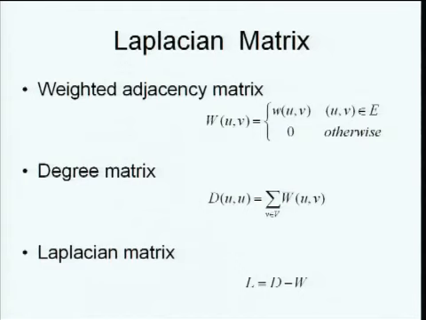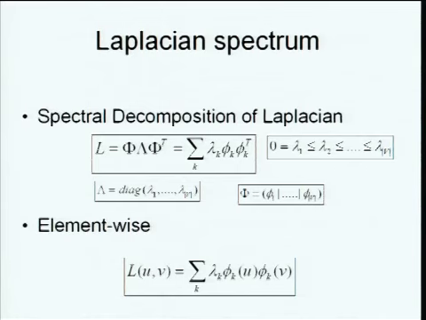The idea in spectral graph theory is to take the Laplacian matrix and decompose it into eigenvectors and eigenvalues. So here is the spectral decomposition of the Laplacian matrix. Phi is the matrix with the eigenvectors as columns. Lambda is a diagonal matrix with the ordered eigenvalues on the diagonal.